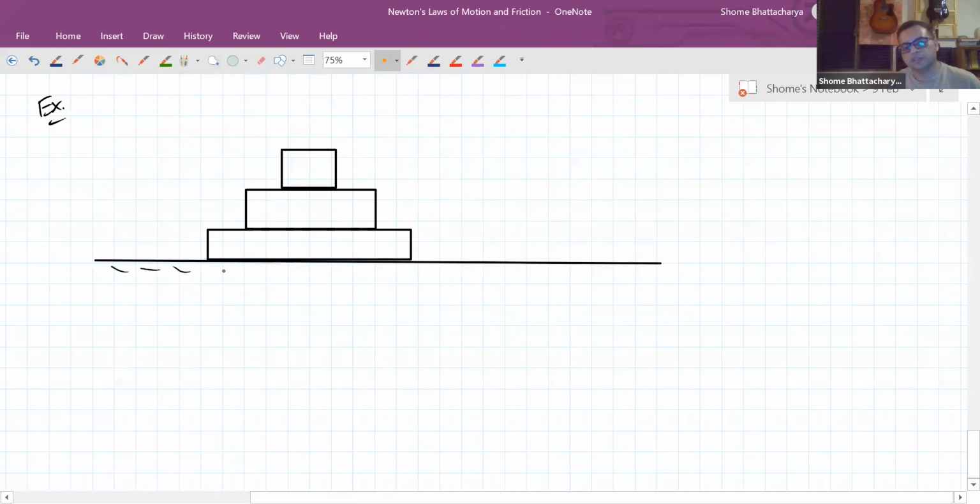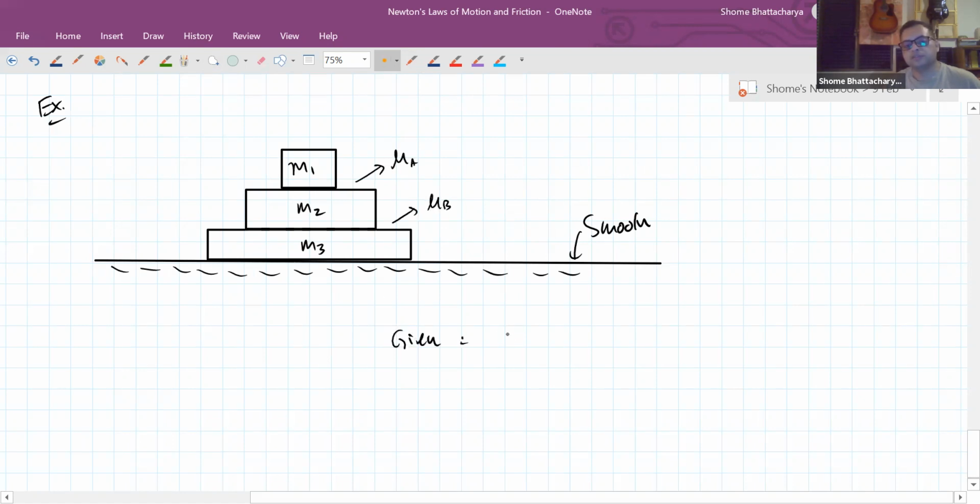Let's assume the ground to be smooth, and these have masses like this, and this coefficient of friction is mu A, let's say, and this coefficient of friction is mu B. So given are the values here, M1 is 2 kilograms, M2 is 3 kilograms, and let's say M3 is 10 kilograms.